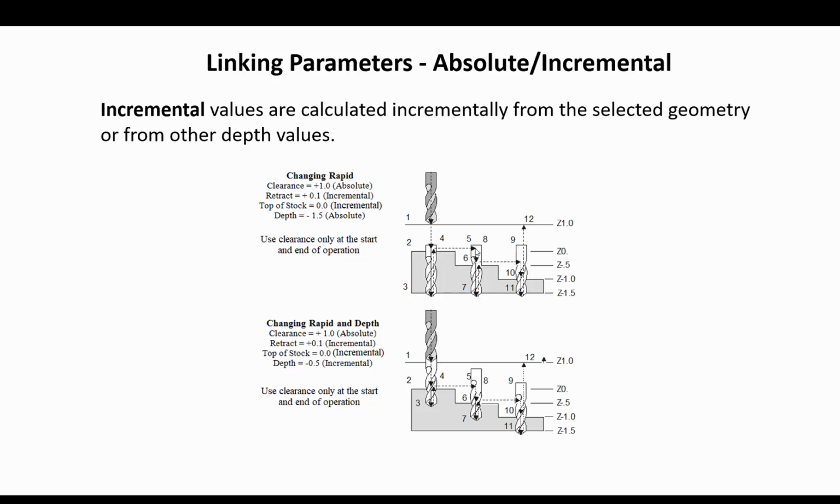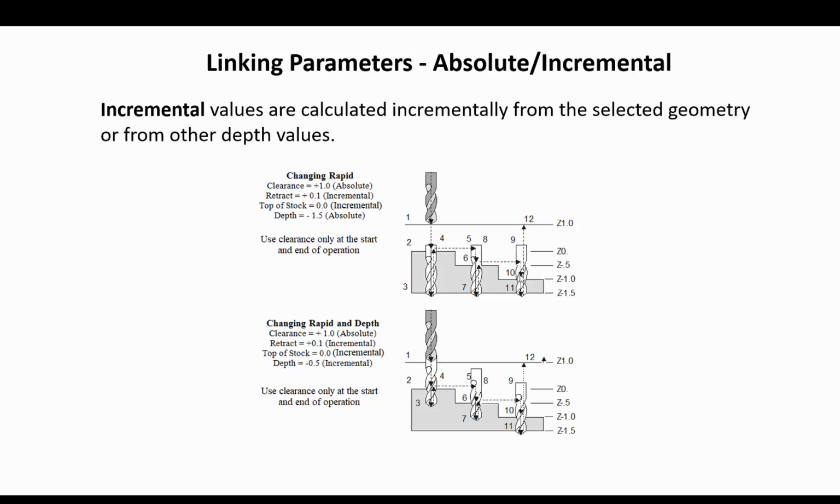It rapids to the next hole and then rapids down, still 100 thou above the new top of the stock, and then feeds in up to Z minus 1.5. It retracts back to 100 thou above the top of the stock and rapids to the next hole.